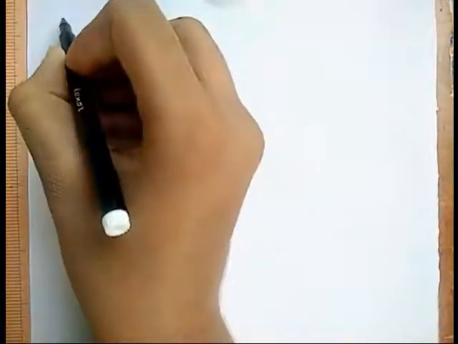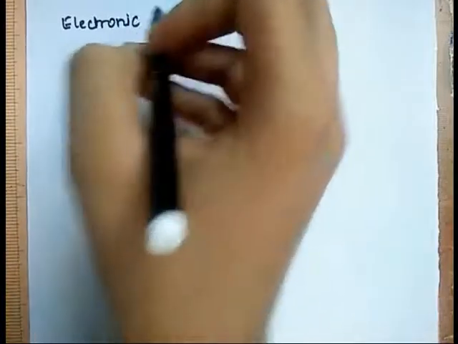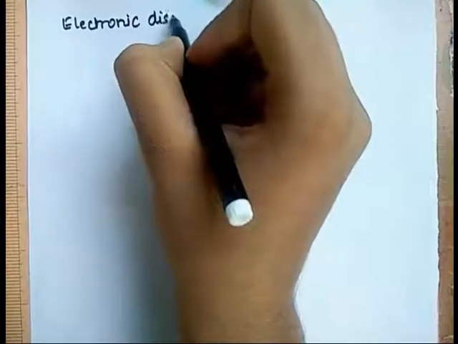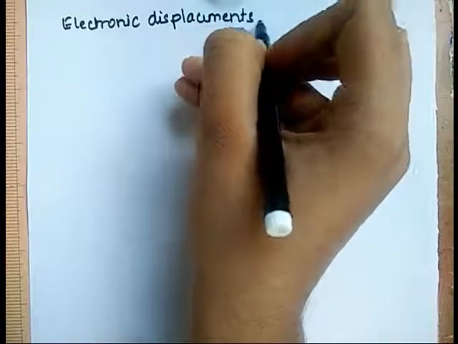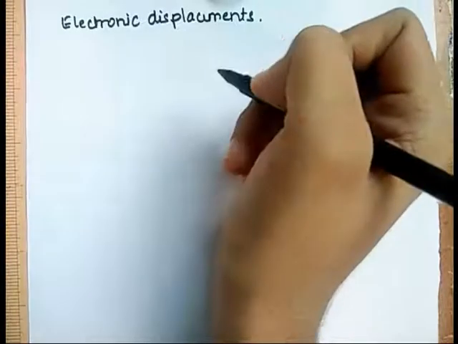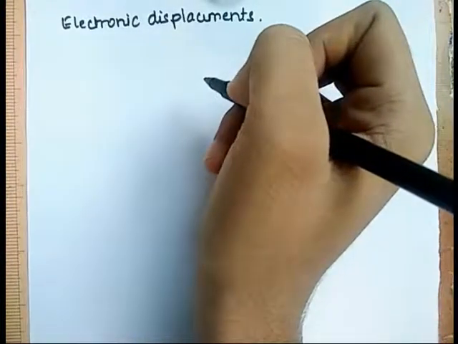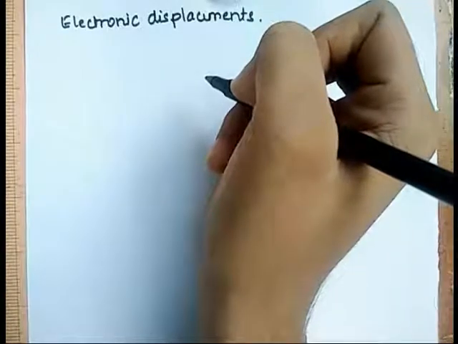The next thing we'll be speaking about is electronic displacements. Now what does electronic displacement mean? Electronic displacement means the shift of the bond electrons towards an atom.